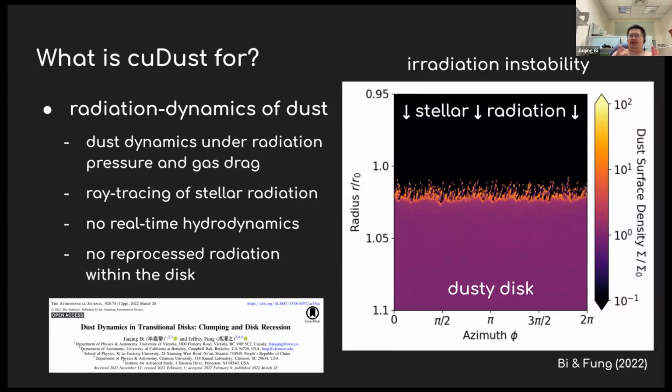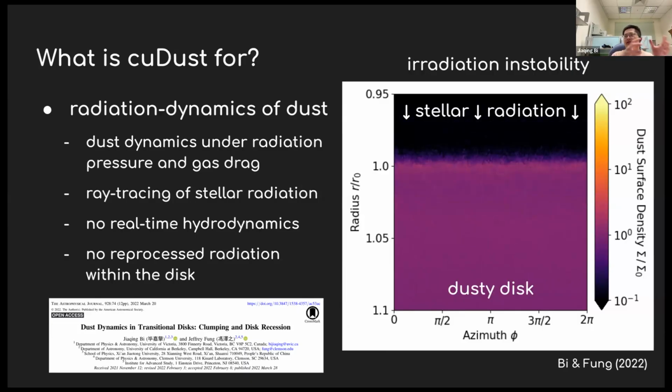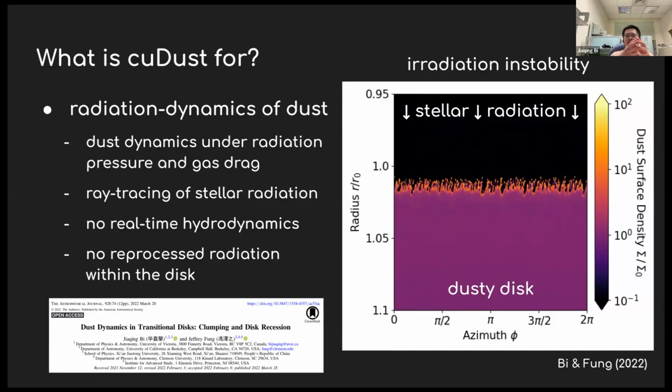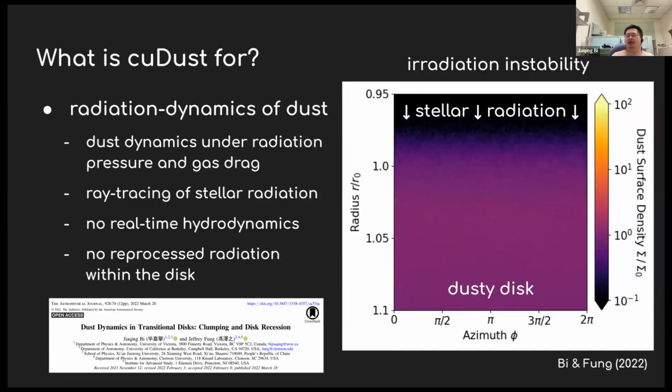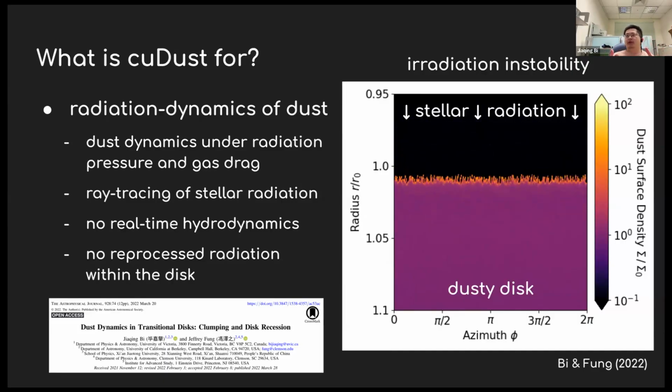The code features ray tracing of the stellar radiation like cuDisk yesterday, but the difference is that after ray tracing the stellar light, our model does not calculate the reprocessed light within the disk. So the dust just feels the radiation pressure from the star, and that's it.